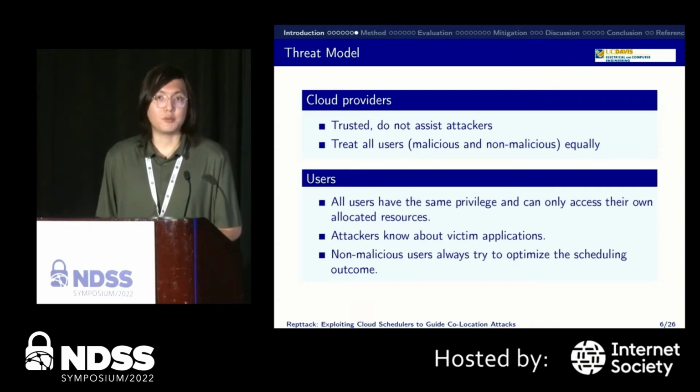However, we assume that the attacker can have access to victim applications, which is a very possible scenario, because usually the program itself is not that sensitive, but the data and the service it provides are sensitive. And also, we assume that non-malicious users always try to optimize the scheduling outcome to run on the most suitable node, so that they can get the highest performance.